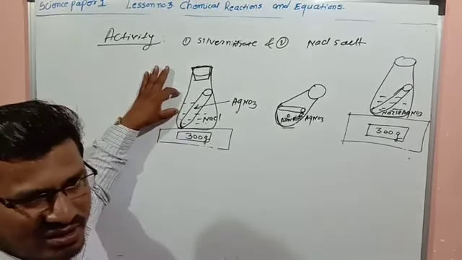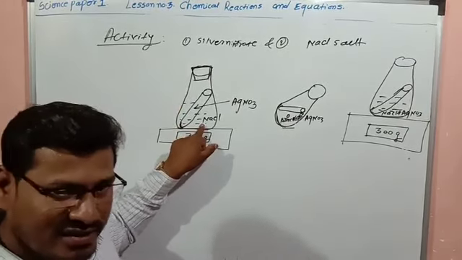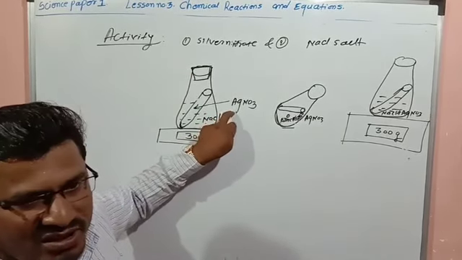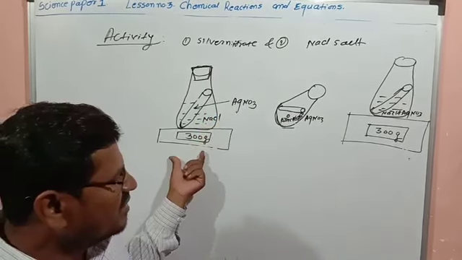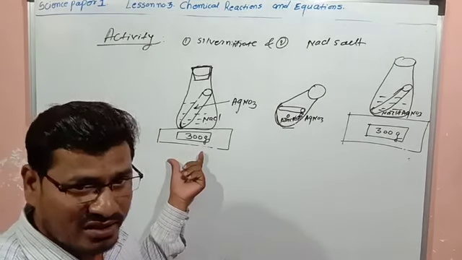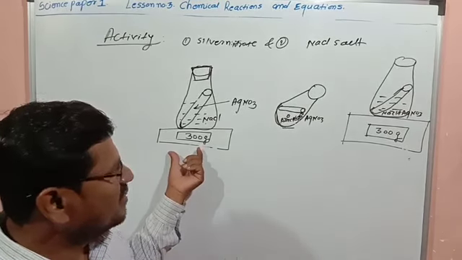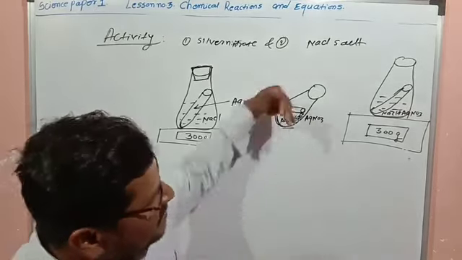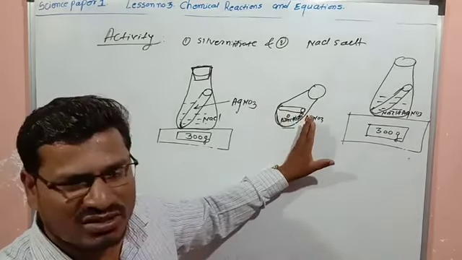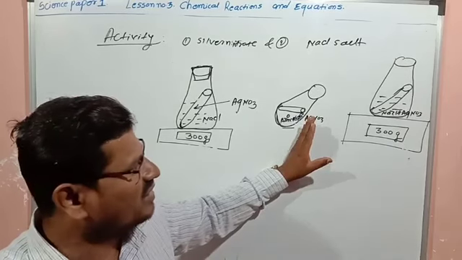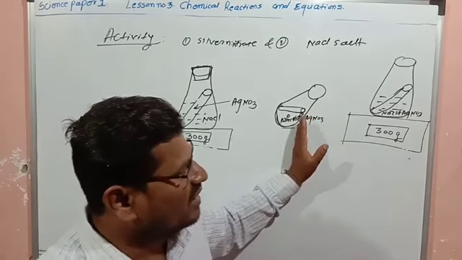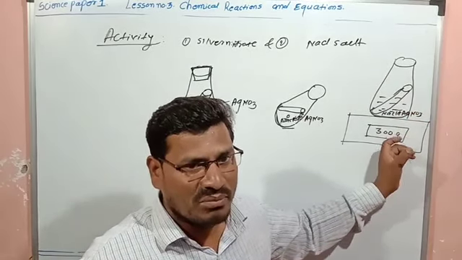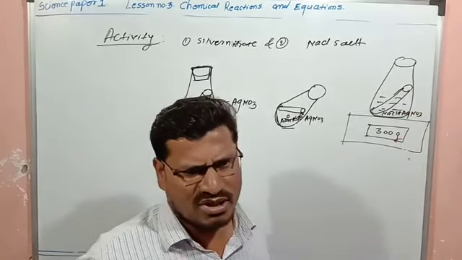One conical flask you are taking, in the conical flask you are taking NaCl solution, and in the test tube you are taking AgNO3, silver nitrate. Before mixing, before the chemical reaction, you have to measure the weight. After tilting, these two solutions will get mixed, the chemical reaction will take place, and after that we are going to measure the weight of that mixture after the chemical reaction.